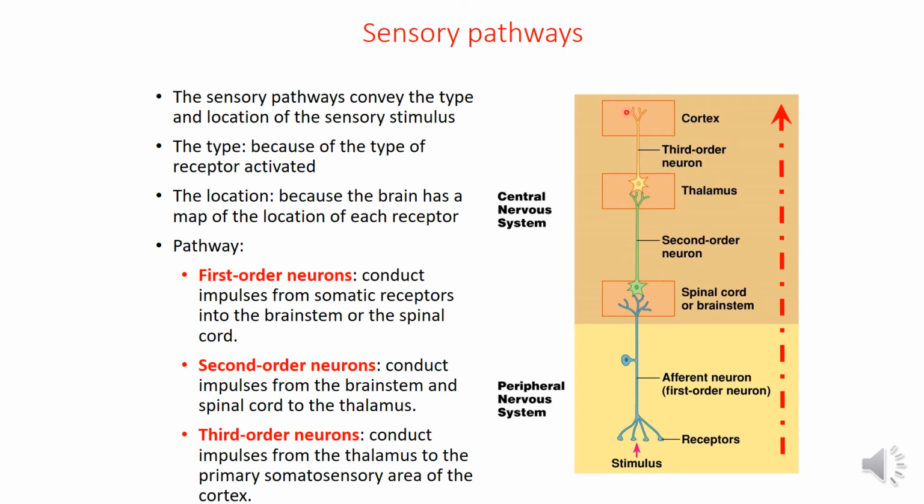So the somatic sensory pathway includes first order neuron from the receptor to the spinal cord or brainstem, second order neuron from the spinal cord or brainstem to the thalamus, and third order neuron from the thalamus to the primary somatic sensory area in the cerebral cortex.